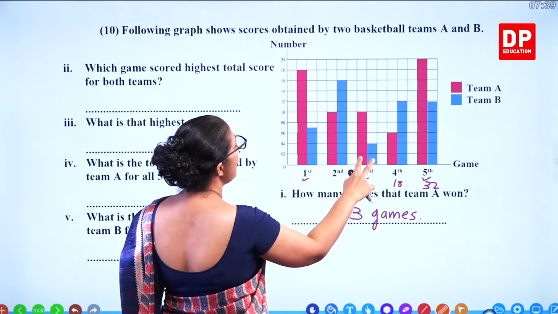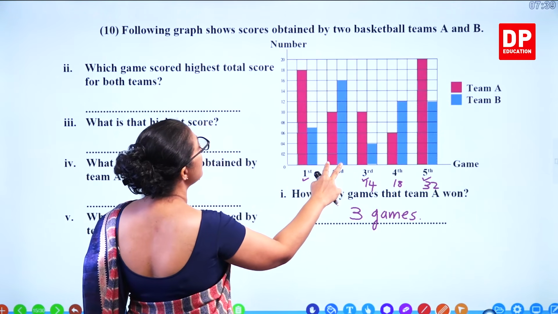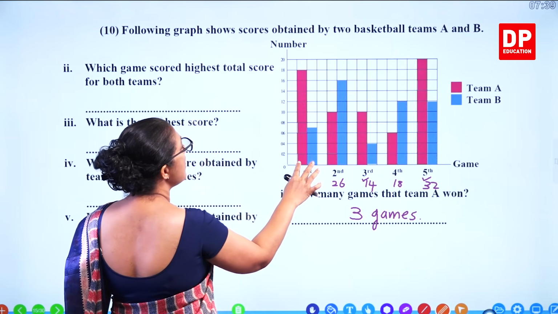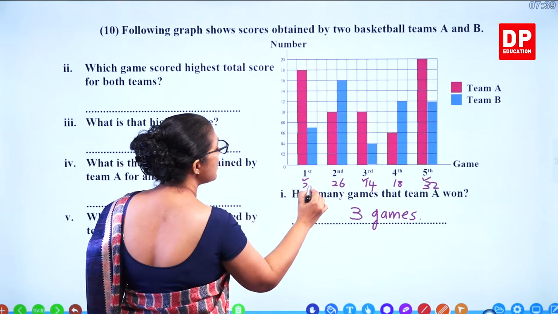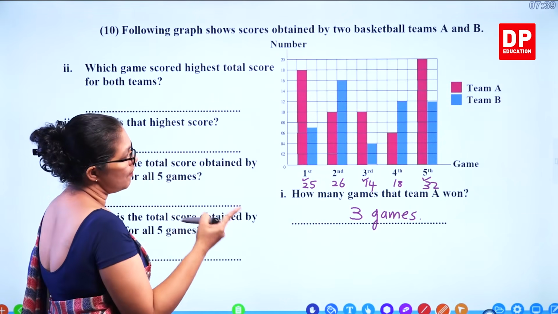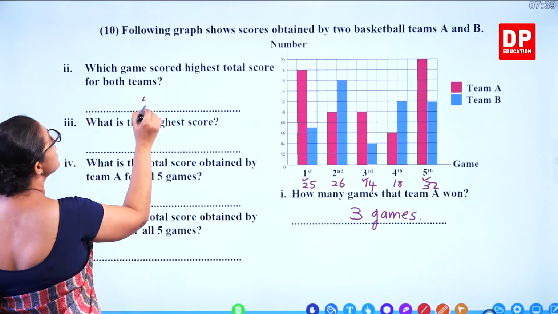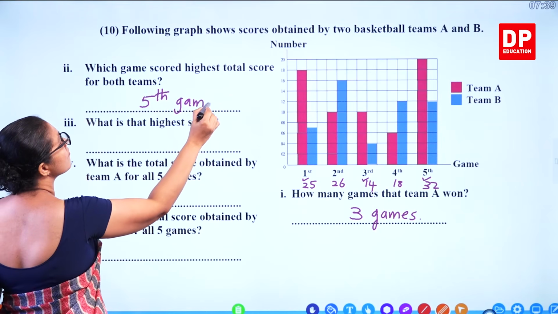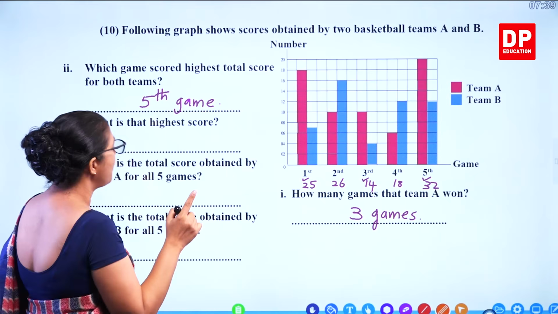This one 10 and 4, 14. Here 10 and 16, 26. And 18 and 7, 25. So we can see 32 is the highest. So that's the fifth game. What is that highest score? 32.